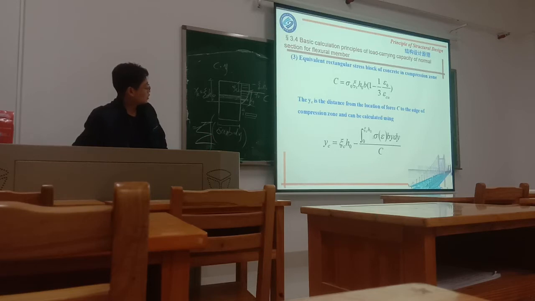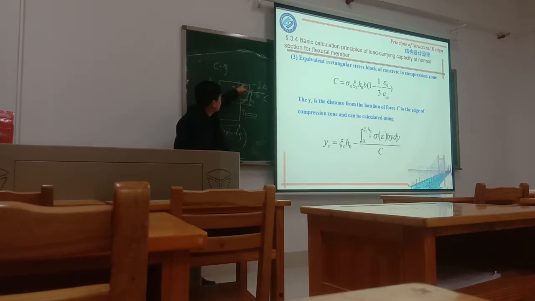So this upper part is the movement of this real distribution force to the nucleus, divided by the result of the force, then we can get the action point of this force. That means the movement induced by the compressive force to the nucleus is kept unchanged.